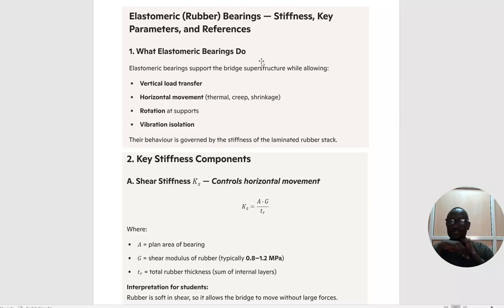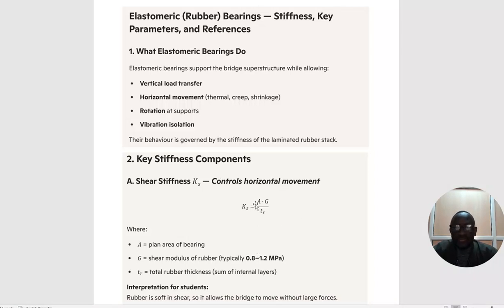Their behavior is governed by the stiffness of the laminated rubber stack. I told you, you have steel, you have rubber, steel, rubber, forming a kind of reinforced or composite member. Key stiffness components are shear stiffness, Ks, which controls horizontal movement, and this is the formula. It's important that we understand this.